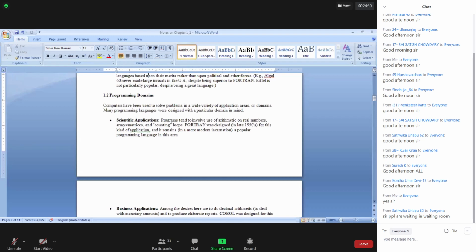So scientific application programs tend to require the use of arithmetic and real numbers, arrays, matrices, and counting loops. Fortran was designed for this kind of application, and it remains in a more modern incarnation.